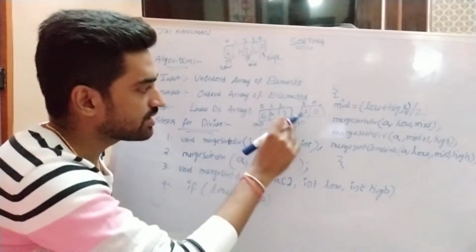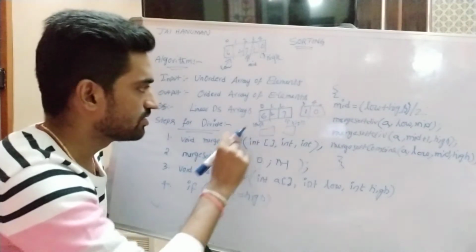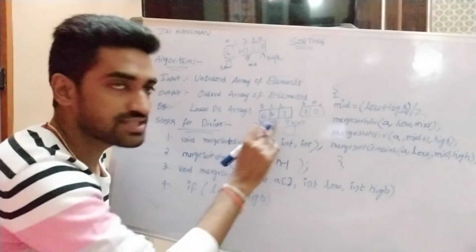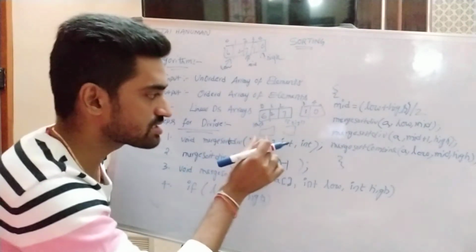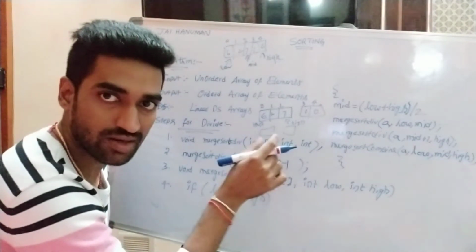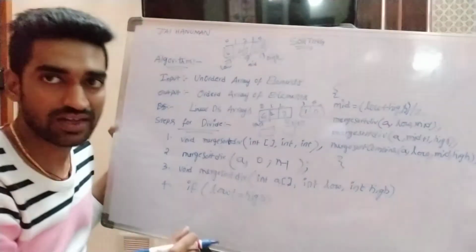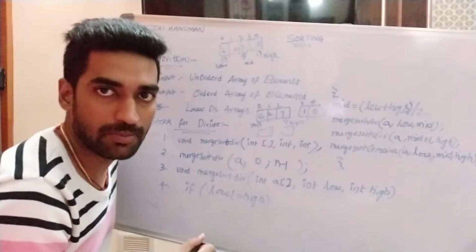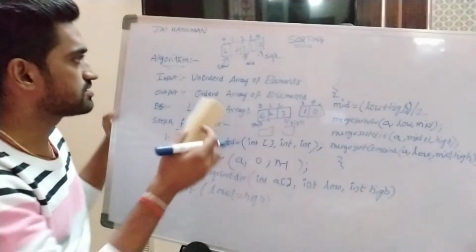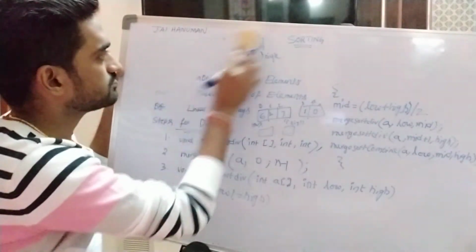So after dividing the entire array into several subarrays, finally we can sort all the elements, then we apply the combine procedure, right? So for that purpose here I am writing the steps for combine.